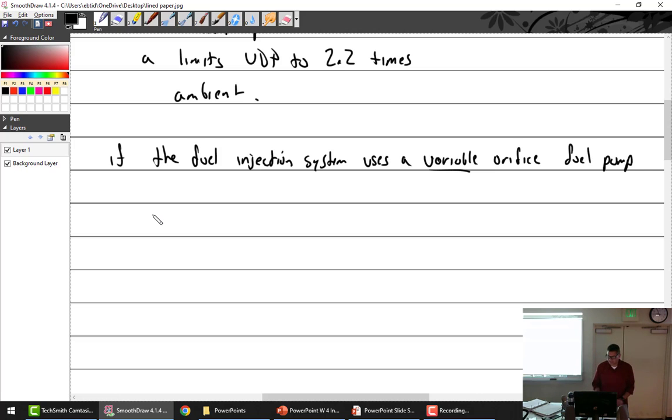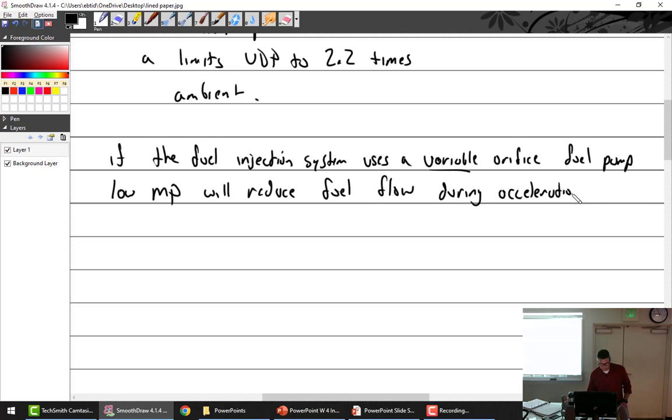Variable fuel pump: low manifold pressure will reduce fuel flow during acceleration until manifold pressure (MP) is increased.